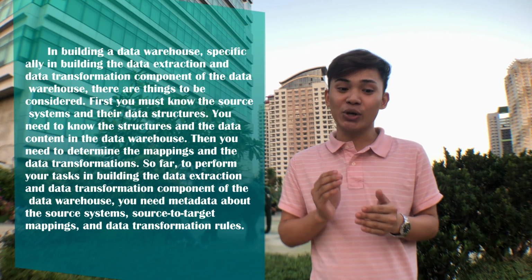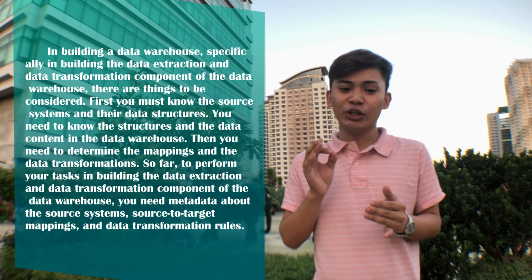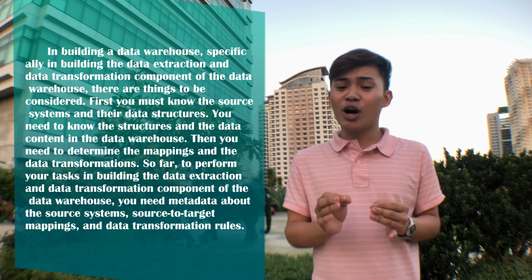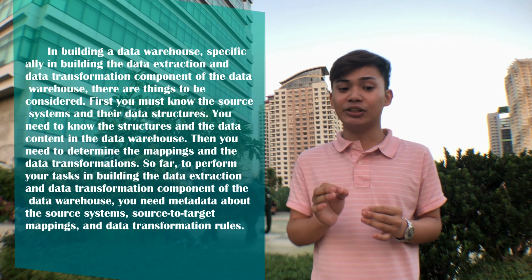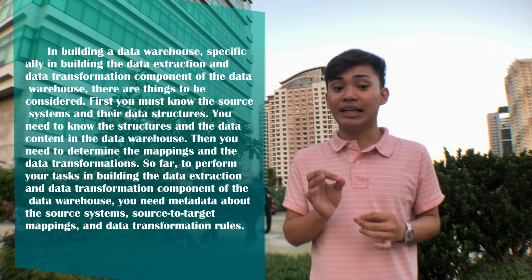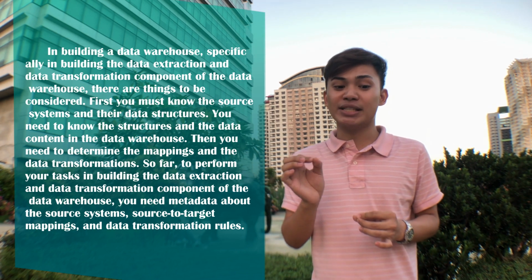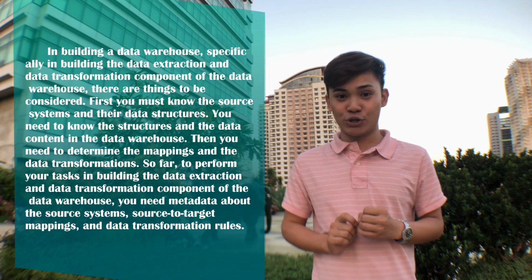You need to know the structures and the data content in the data warehouse. Then you need to determine the mappings and the data transformations. So far, to perform these tasks in building the data extraction and data transformation component of the data warehouse, you need metadata about the source system, source to target mappings, and data transformation rules.